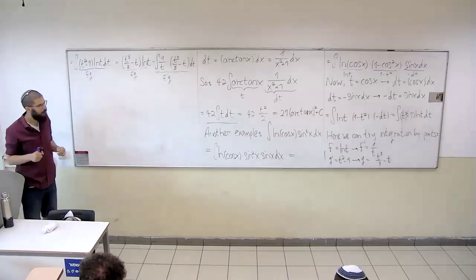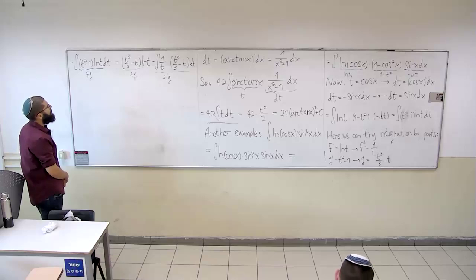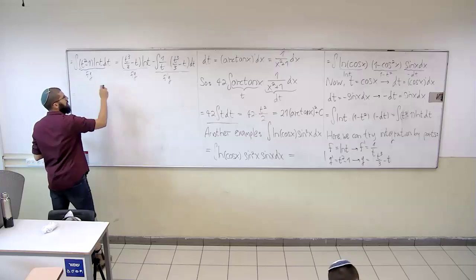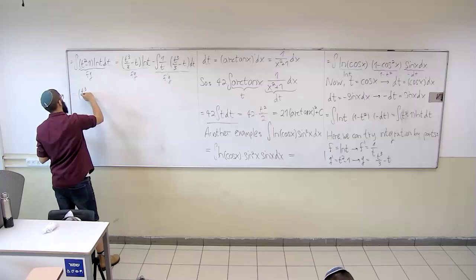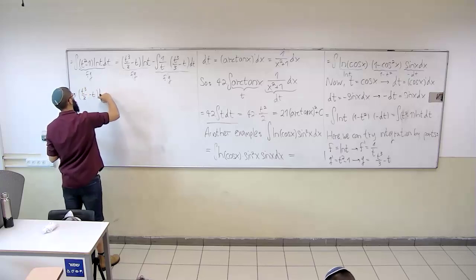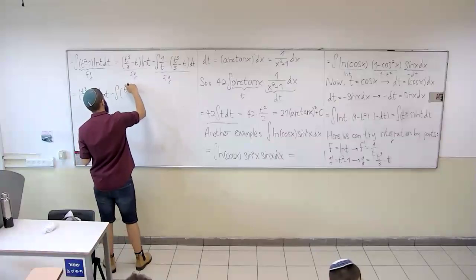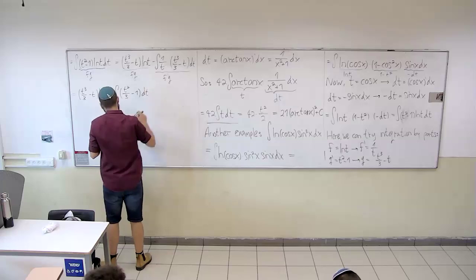Now, yes, things are going nice here. We get t squared above 3 minus 1 dt.